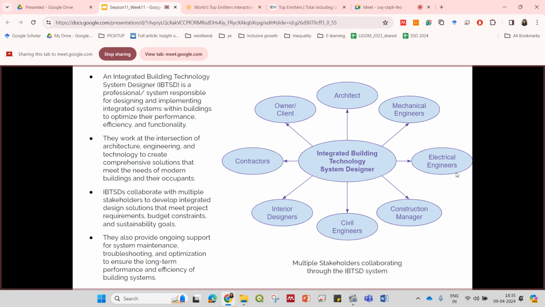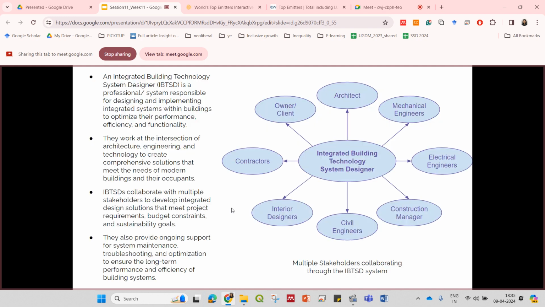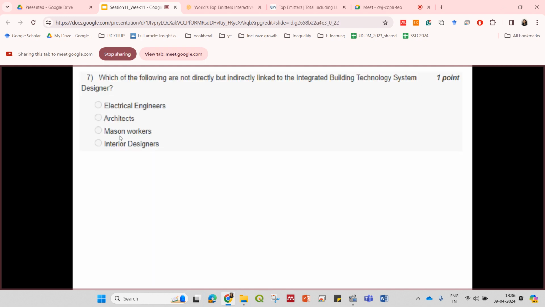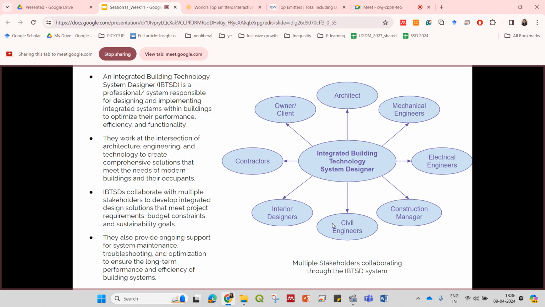So these are the various stakeholders that are a part of this integrated building technology system. You can see mason workers are not a part of this system, and that is why that is the correct answer, that it is not directly linked, but indirectly linked to this system.